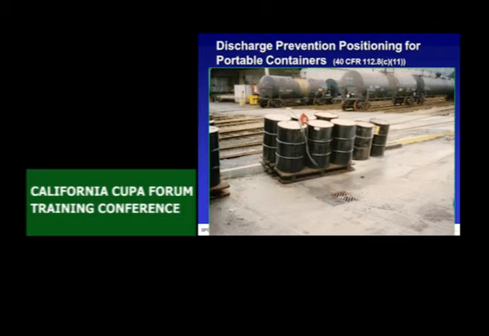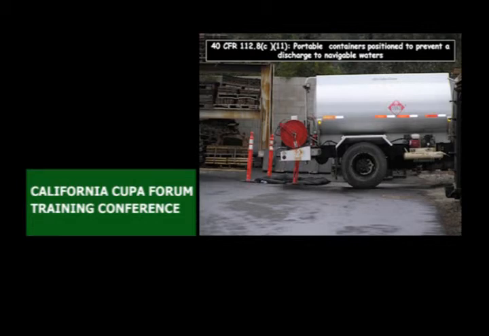Delivering it where? Over the road? Yeah, that's being attended. If nobody's attending it, don't park your mobile refueler over the storm drain. Just don't.